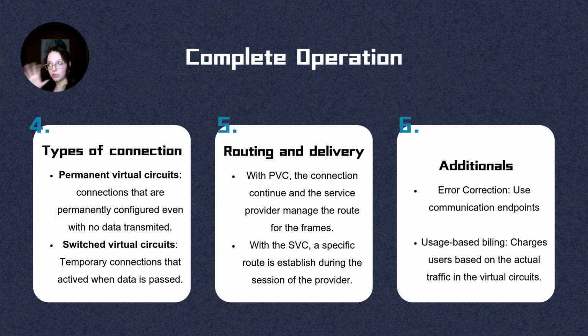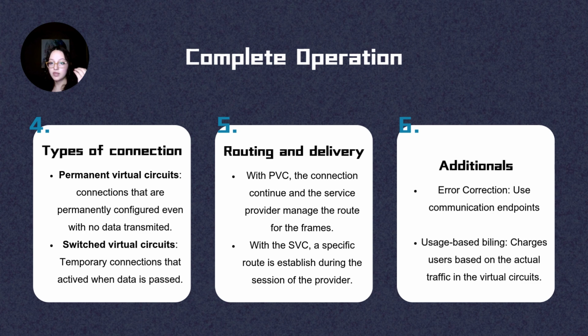With this set, we can pass to the fifth step, the routing and delivery determination. In the case of permanent virtual circuits, although the customer perceives a continuous connection, the Frame Relay service provider manages the specific path that the frames will take within the network.